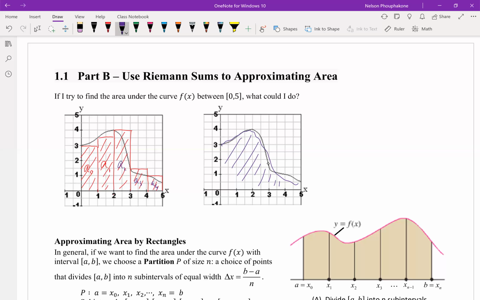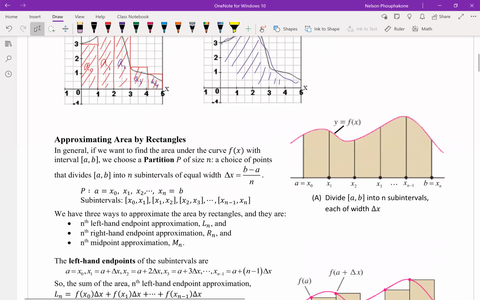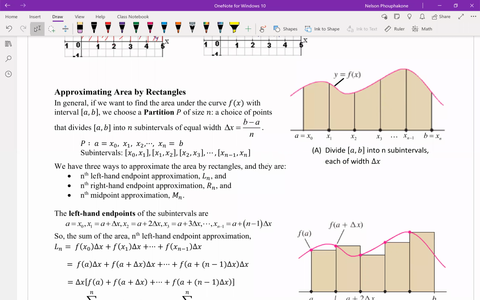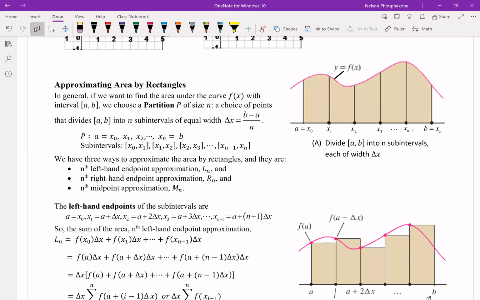Now this is the idea of how we are going to work on this section. And now let's see how we could do it systematically.